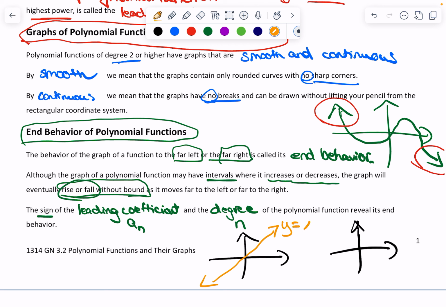So this is y equals x, right? That is to the power of 1. We don't write a degree here, but it is 1.